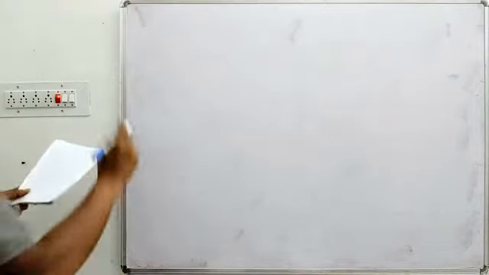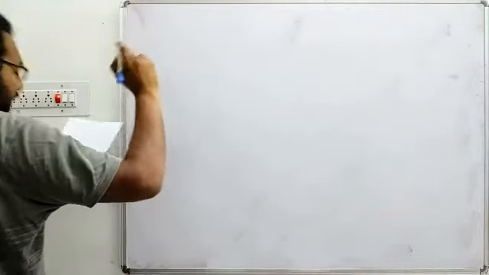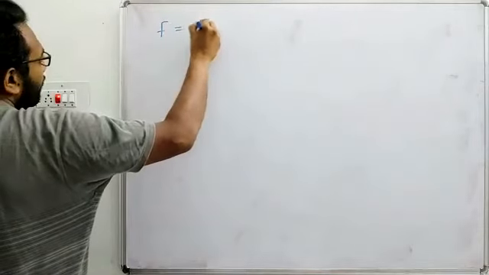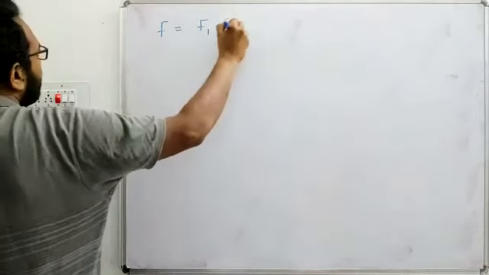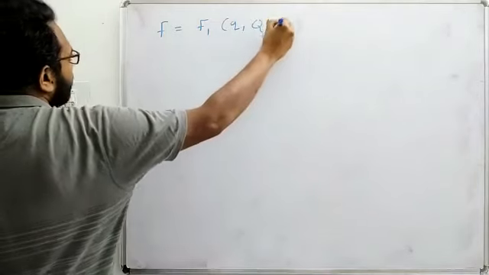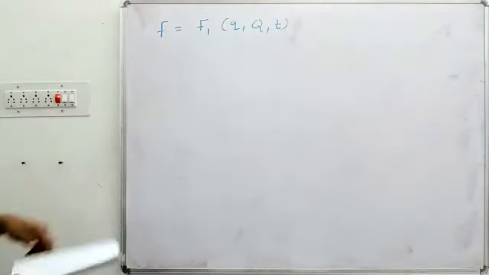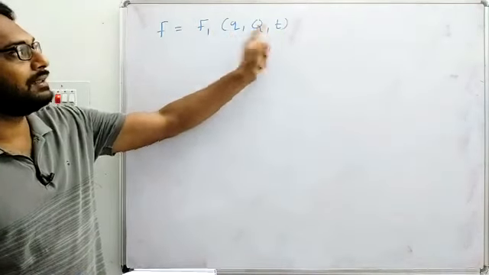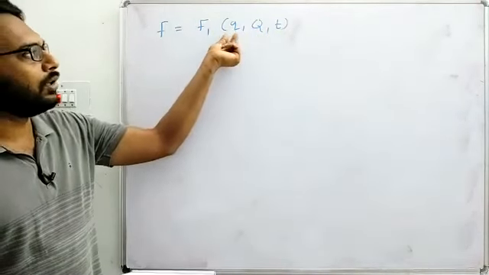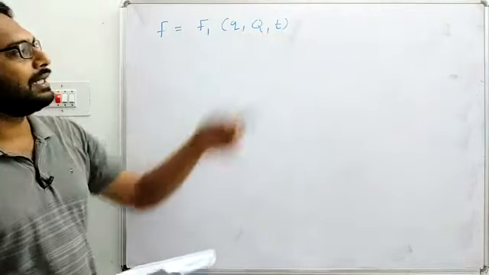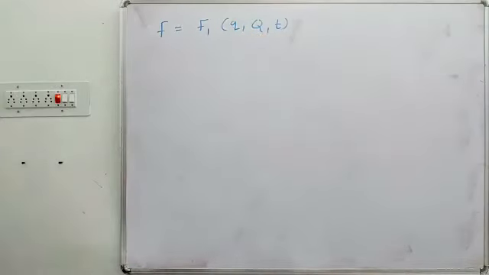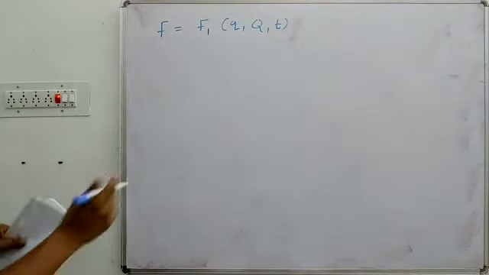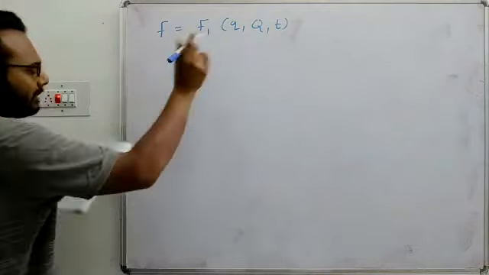Now I said that we need a mixed function. Let's choose this. Suppose f is a function, we call it F1, of q, capital Q and t generally. So these are the old coordinates, these are the new coordinates, so we have taken some as old and some as new, and a function of t. Now if this is the choice of your function, what's the condition that this transformation is canonical?